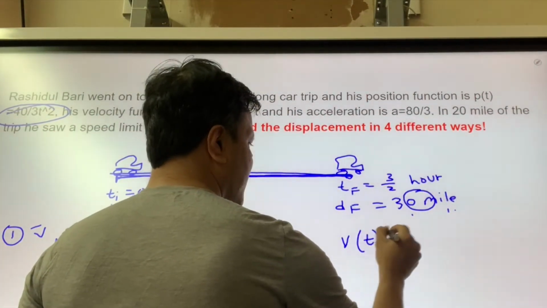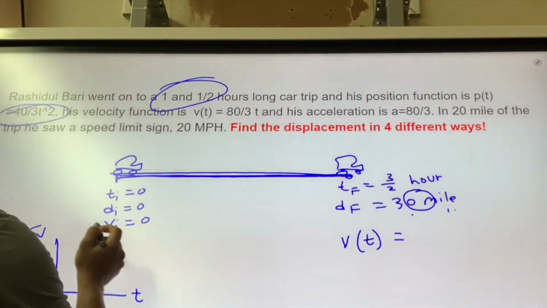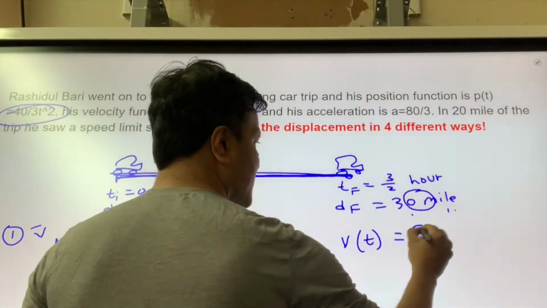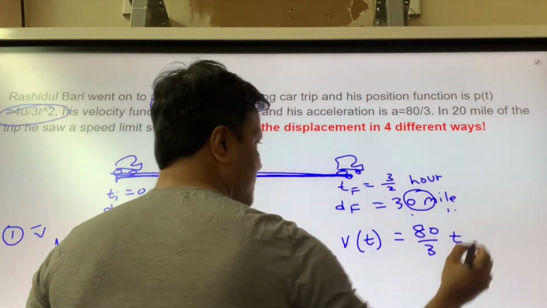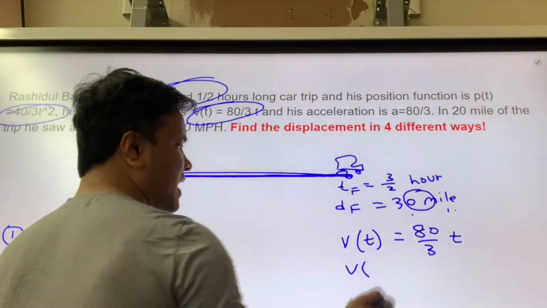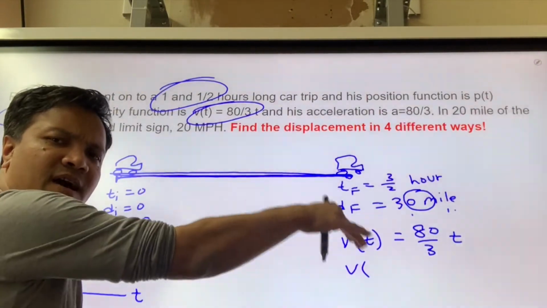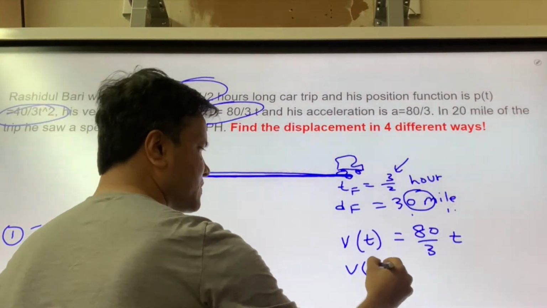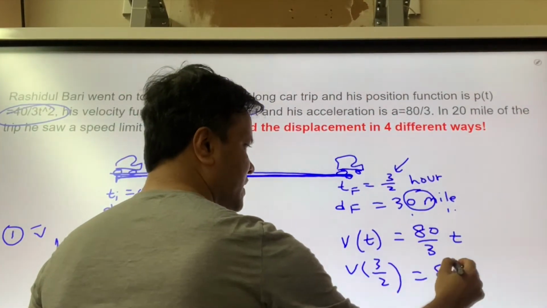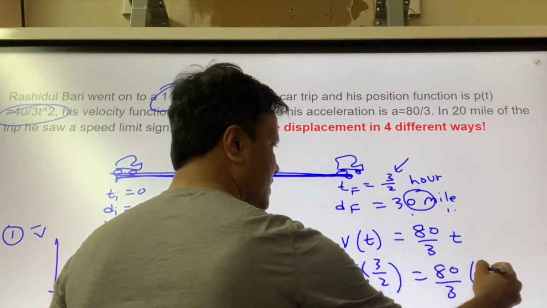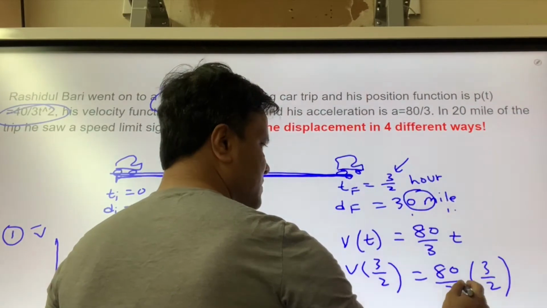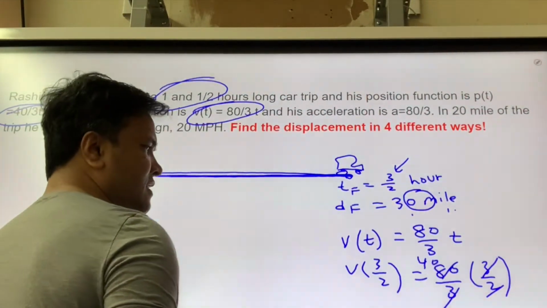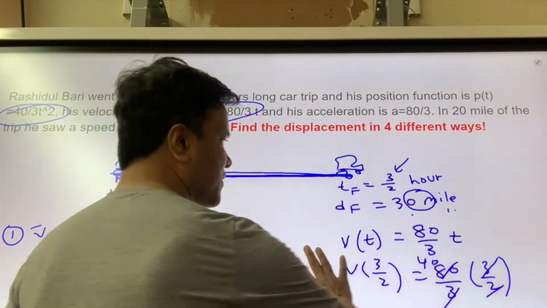For the final velocity, we're going to have to use the velocity function, and the velocity function is given, 80/3 t. We want to find the final velocity, the velocity when the trip ends. The trip ends at 3/2. So 80/3 times 3/2: the 3s cancel, 2 goes into 80 forty times. So the final velocity is 40.